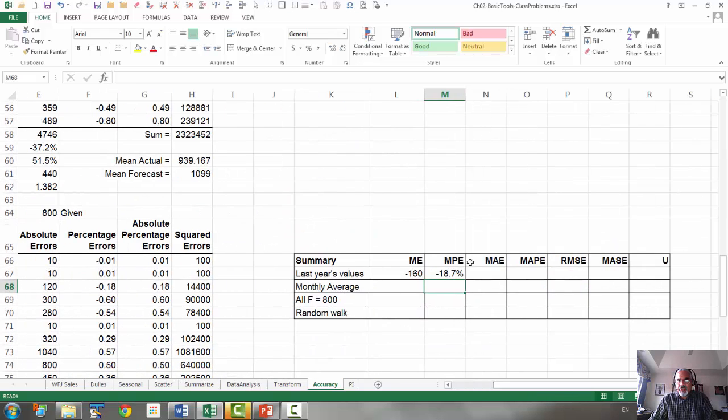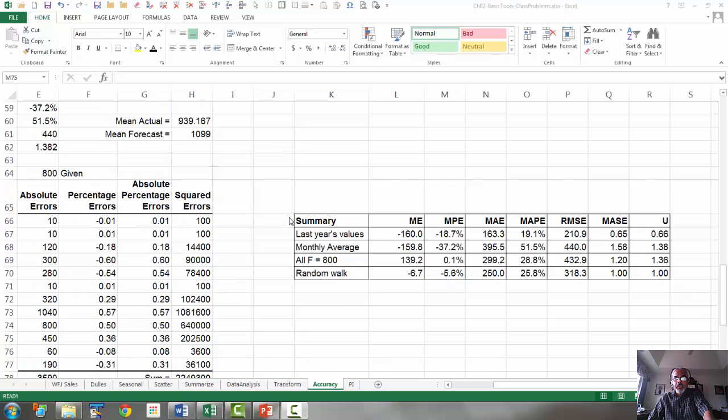If you fill out the table, this is what it will look like. So now we have all the error measures assembled. So we have mean error and mean percent error. You see that there's quite a bit of bias in all of them. And mean absolute error, mean absolute percent error. Okay, and the percent error is also pretty high.